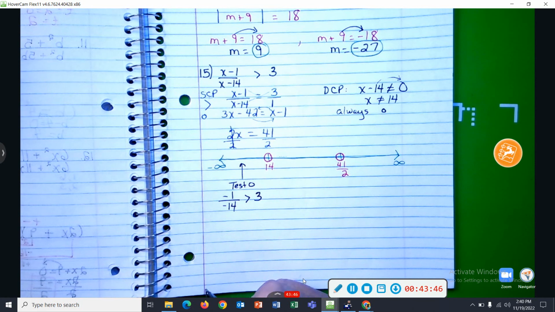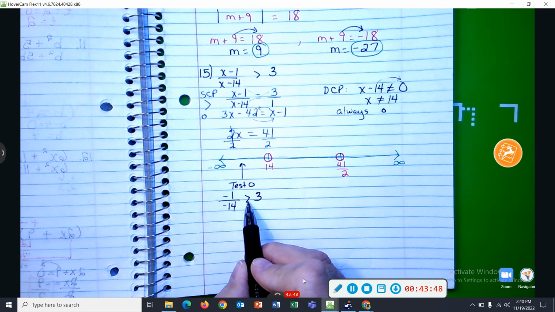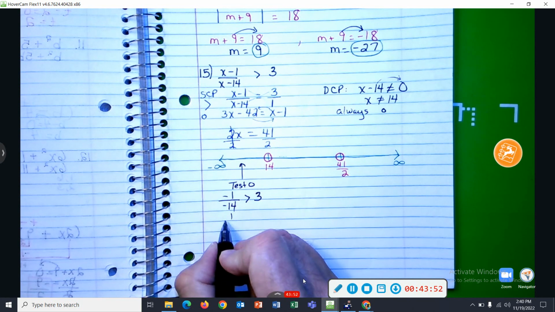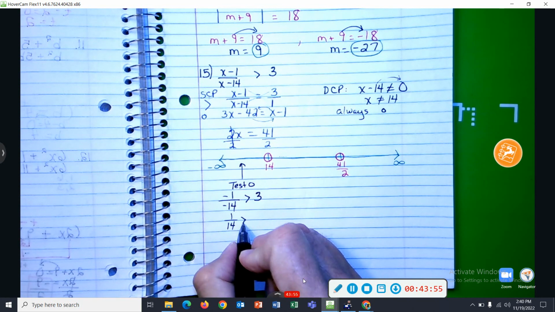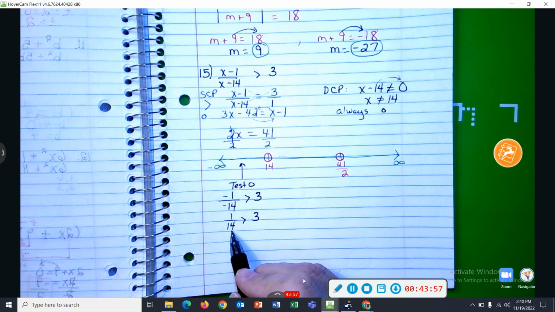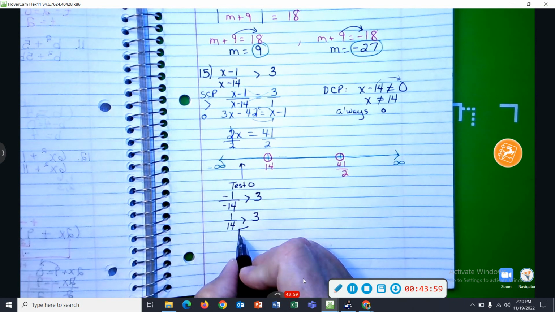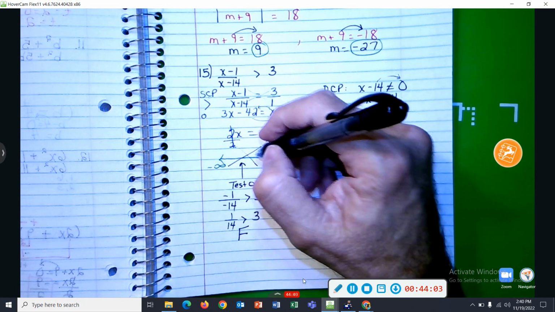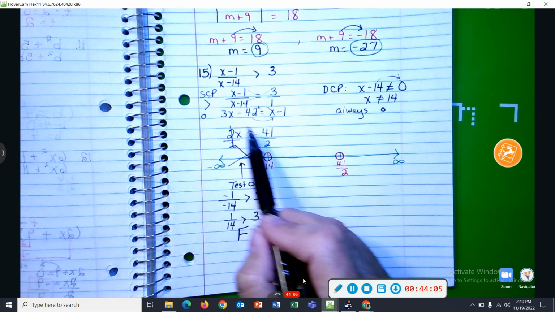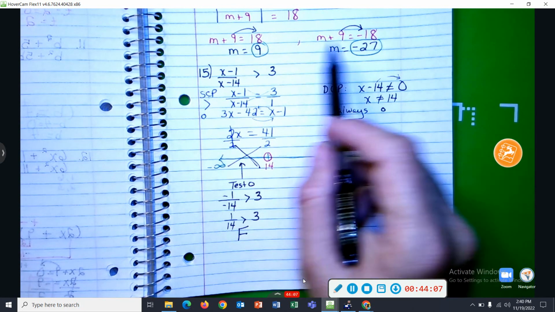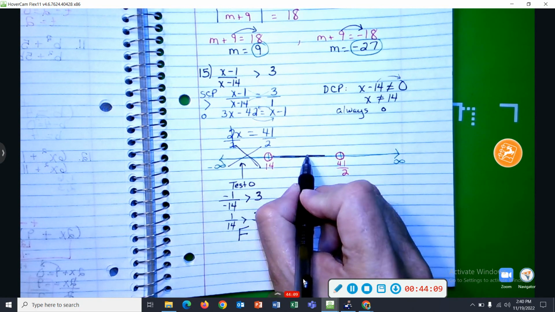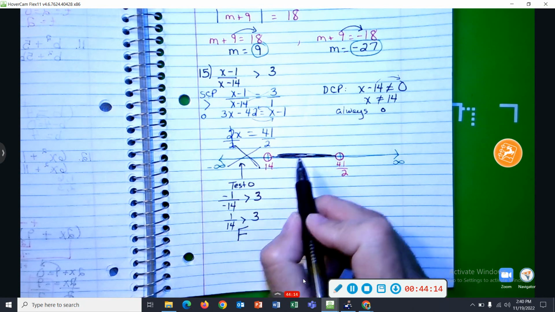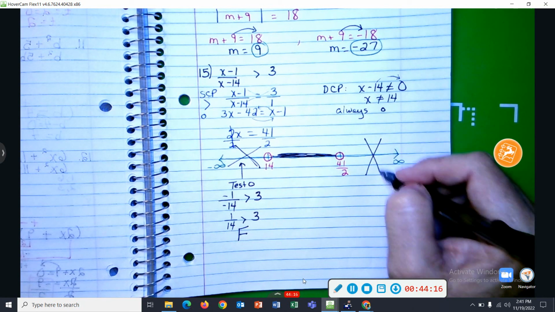So is negative 1 over negative 14 bigger than 3? Well, negative over negative is positive. The fraction 1 over 14 is certainly not bigger than 3. And we said if there was no factoring involved, no repeated factors, then these intervals just alternate. So if this one's false, this one's true. That one's false.